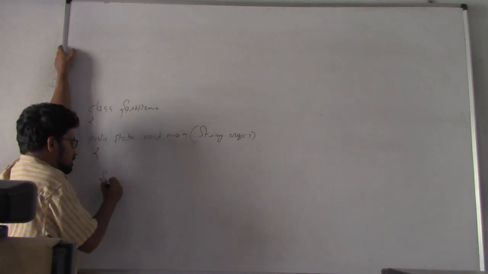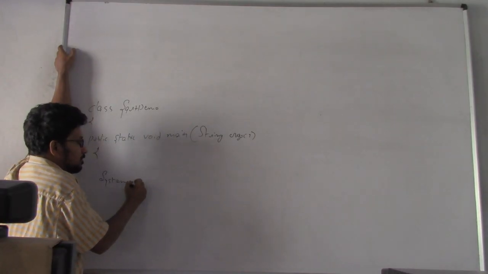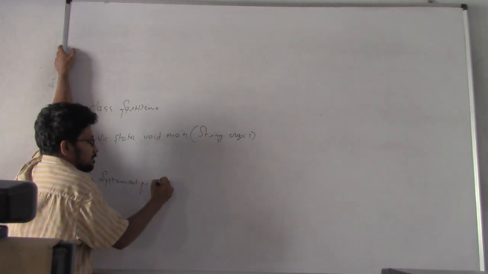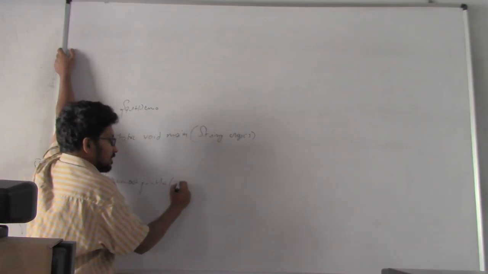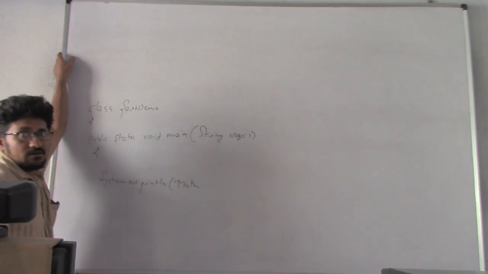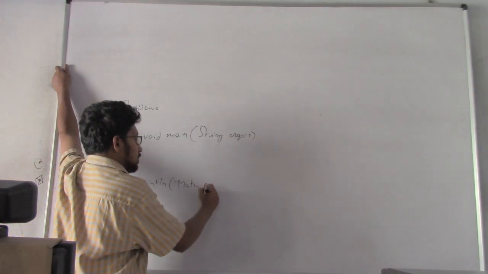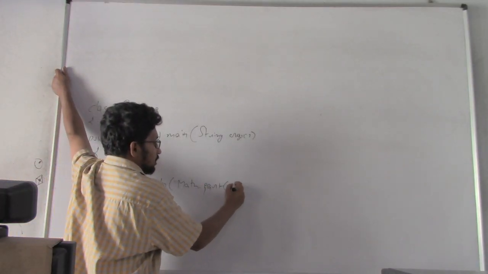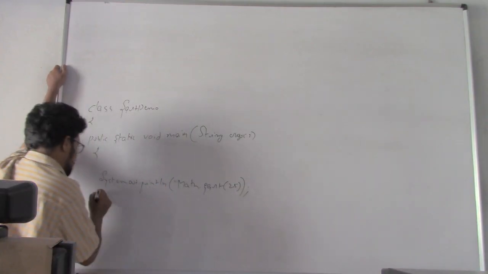Here I am writing System.out.println. I am writing Math.sqrt of, say, 25. We all know the answer.